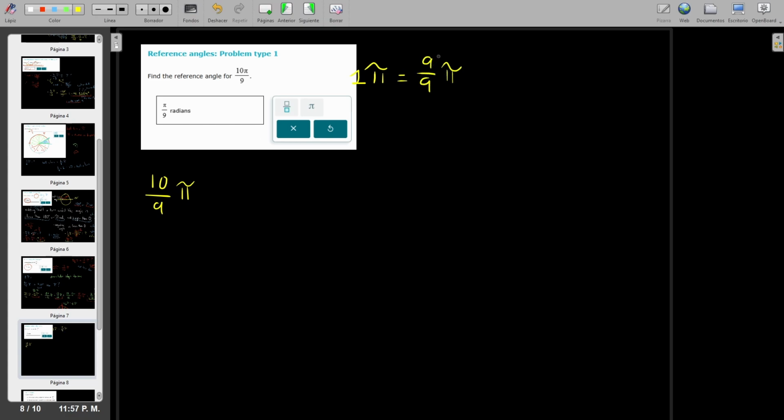Is 10 bigger than 9? Yes, so we need to be subtracting, in this case, the value of a pi. So we're going to subtract 9 over 9 pi, because remember this is the same as 1 pi. So the value is going to be how much? 10 minus 9, 1 over 9 pi. Is 1 less than 9? Yes.